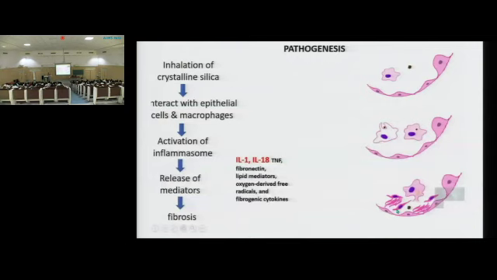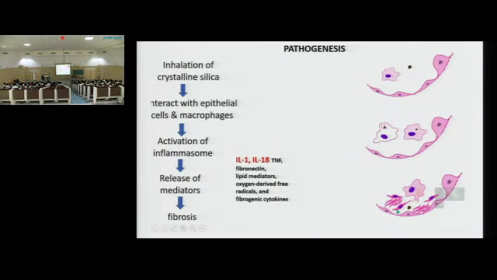So the mechanism we are saying is that inhalation of crystalline silica interacts with the epithelial cells and macrophages, which leads to activation of inflammasomes and release of inflammatory mediators like interleukin 1, interleukin 18, tumor necrosis factor, fibronectin, lipid mediators, and reactive oxygen species.